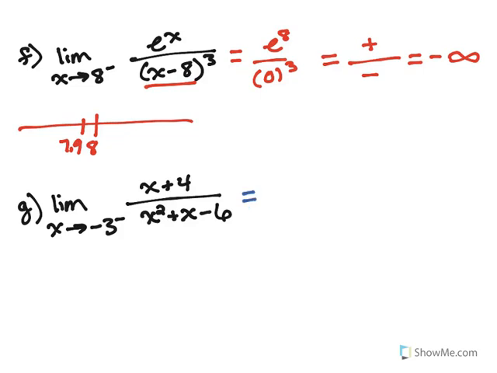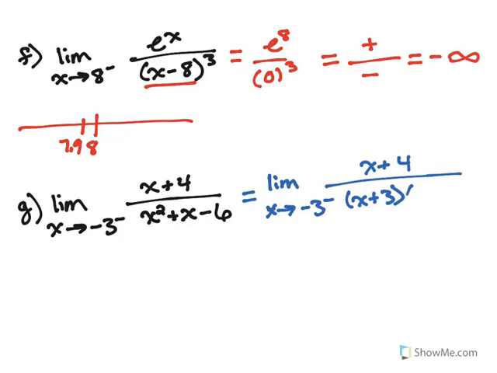So I want to put this in factored form so that I can see which of the factors are positive and negative. So my numerator will still be x plus 4. My denominator, what multiplies to negative 6 and adds up to 1? 3 and 2. I'll get x plus 3 and x minus 2.